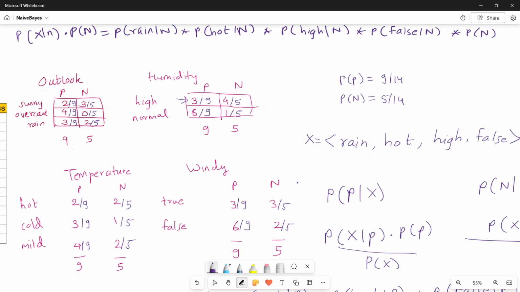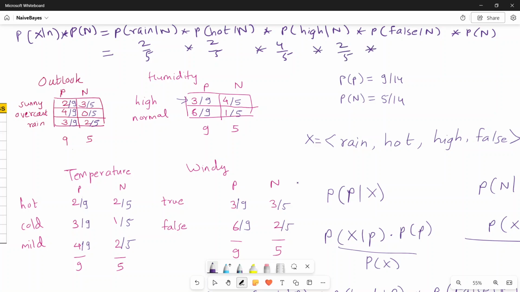So this is equal to probability of rain given n, which is 2 by 5. Probability of hot given n is again 2 by 5. Then probability of high given n is 4 by 5. And probability of false given n is also 2 by 5.